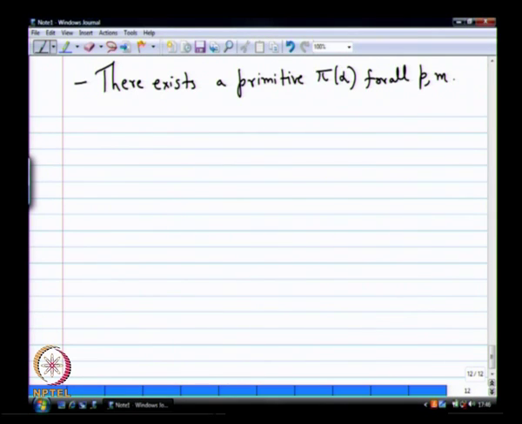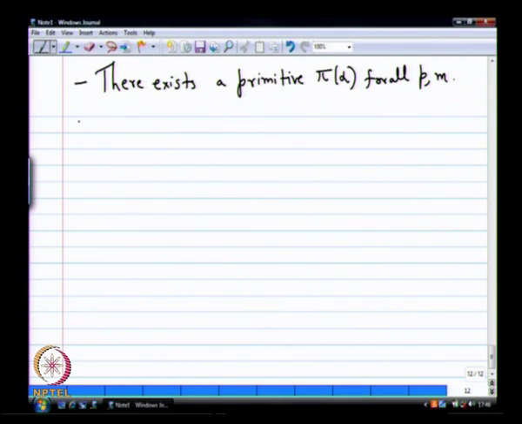Not only is it irreducible, it is also primitive. These can also be looked up in Mathematica, etc. Will that be unique? There can be many primitive ones also. So there exists at least one primitive pi of alpha for all p and m.